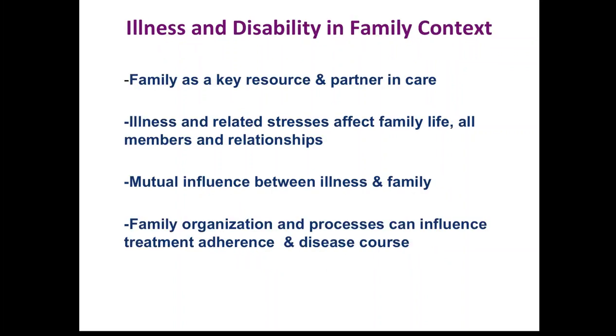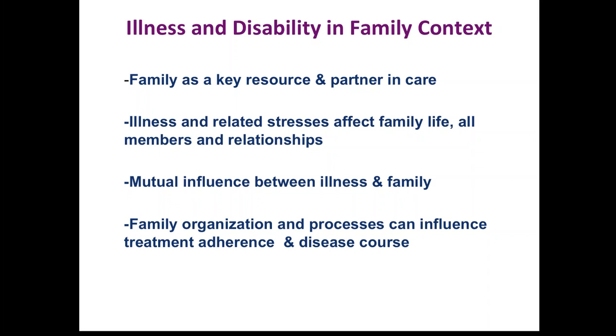Within that, you begin to think of the family as a key resource and partner in care. There's been a historical view, in psychiatry especially, of families being problematic in the context of chronic disease or major mental health issues. Here we're looking at family as a resource, and at illness as affecting all aspects of family life, all members and all relationships.